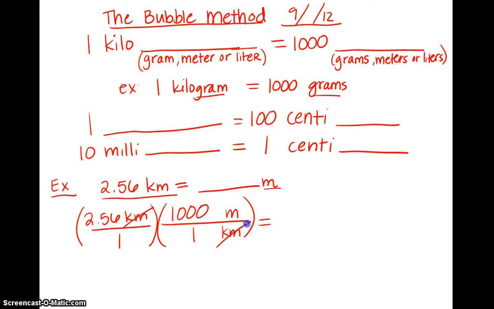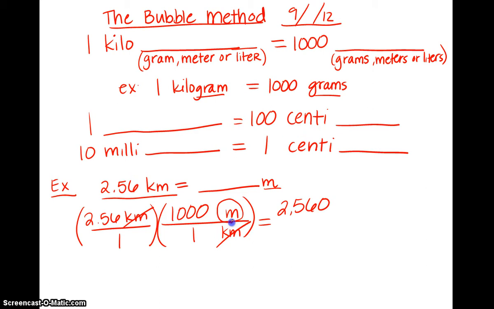Next, you want to cancel out any units that are the same diagonally, which I did. Okay. Next step is to multiply everything on the top. So you can do this with your calculator or you can just do it in your head. So 2.56 times 1,000 is 2,560.